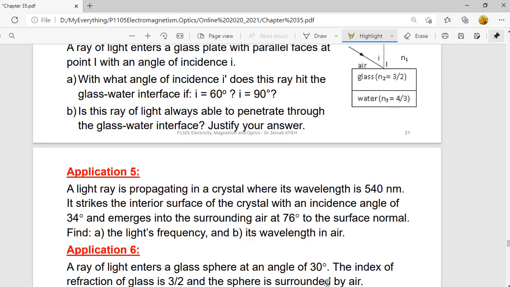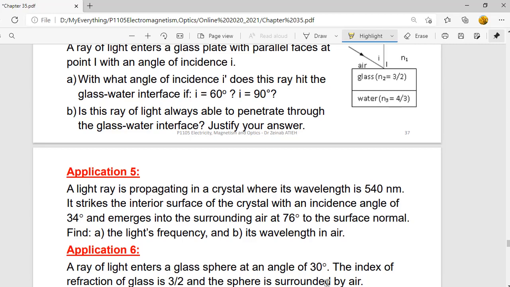It strikes the interior surface of the crystal with an incidence angle of 34 degrees and emerges into the surrounding air at 76 degrees to the surface normal. Find the light's frequency and its wavelength in air. We have to find the frequency of the light and the wavelength of the light in air.